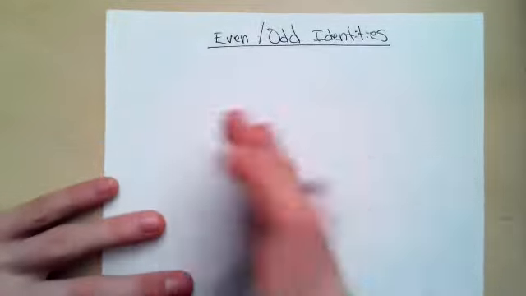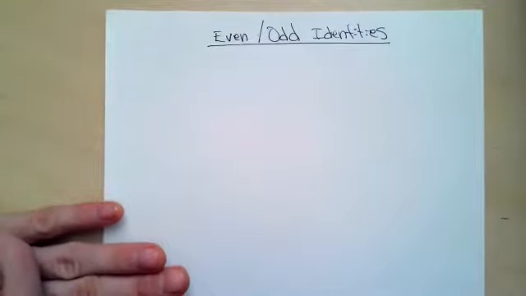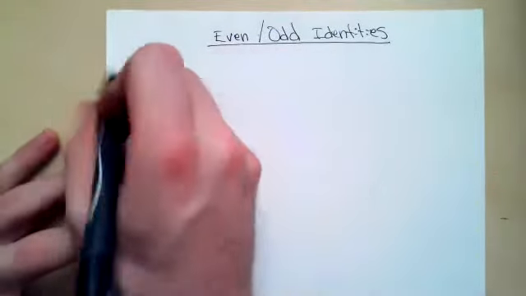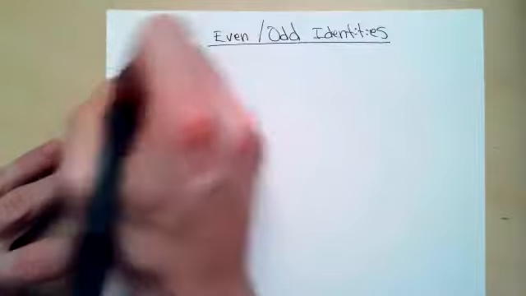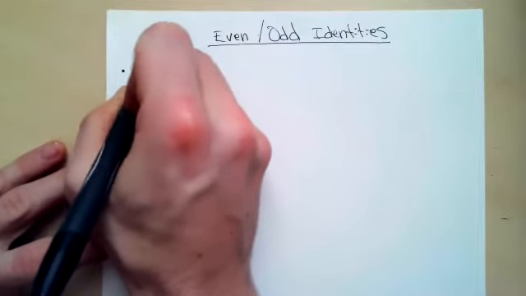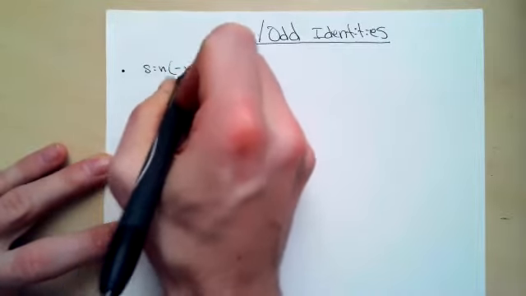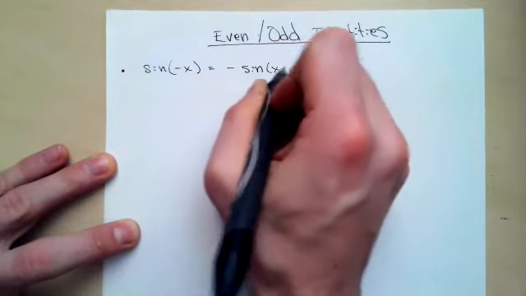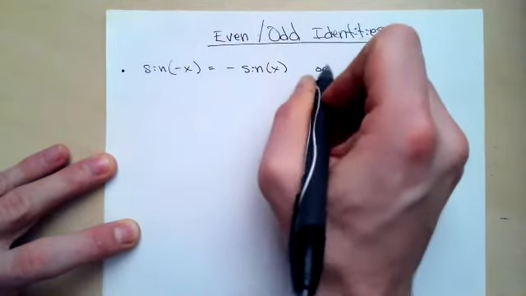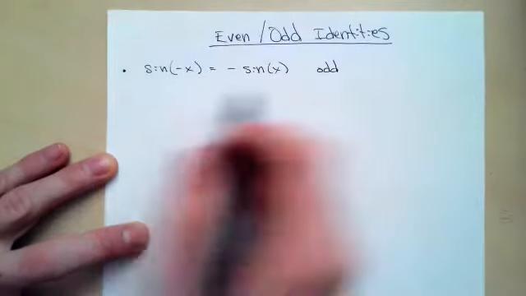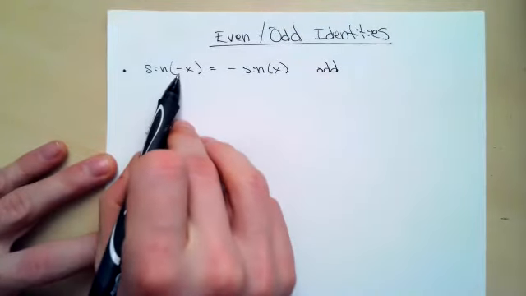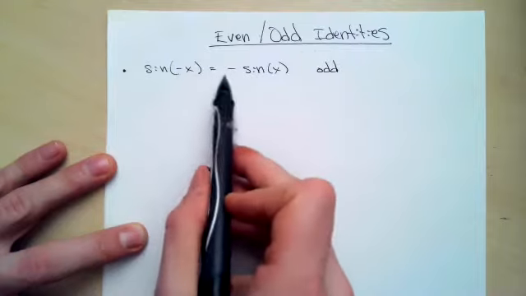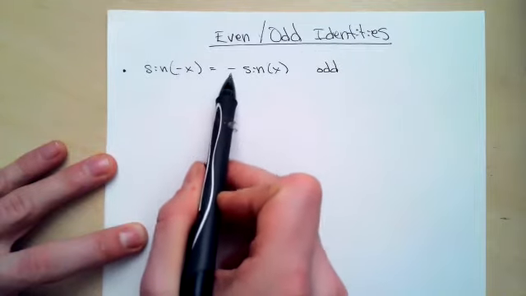It has to do with how they are reflected across the x and or y axes, and the symmetry that is involved. So sine is an odd function, meaning that if I flip it across the y-axis, flip it horizontally, it would be the same as if I took sine and flipped it vertically.